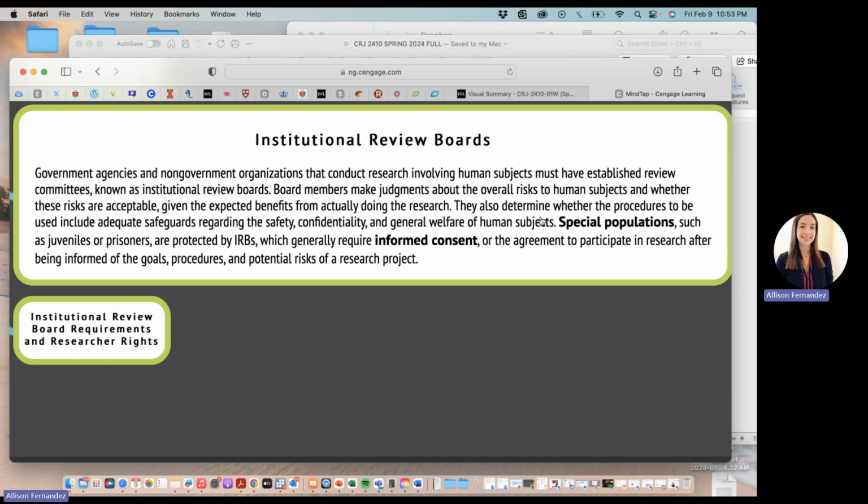Special populations are going to be juveniles and prisoners, which is, of course, hard for people in criminal justice who want to study them. It's difficult for them to give informed consent if they're under the custody of the state.